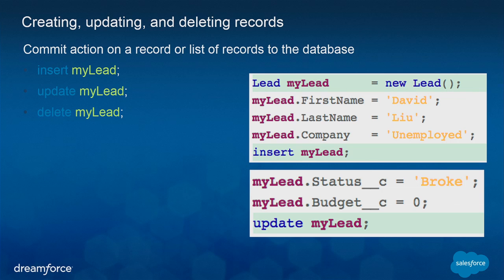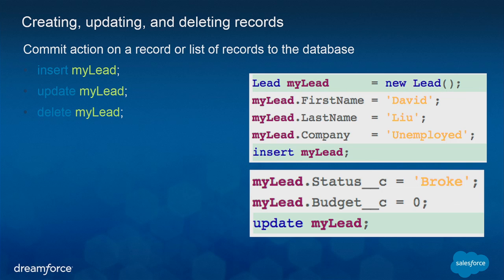The next line sets the first name for that lead. Being that it's Apex and tightly bound to Salesforce, it actually knows things about your variables based on your Salesforce data model. You've said lead, so Apex says, I know what a lead is because I'm related to Salesforce. Leads have first names, last names, company names.